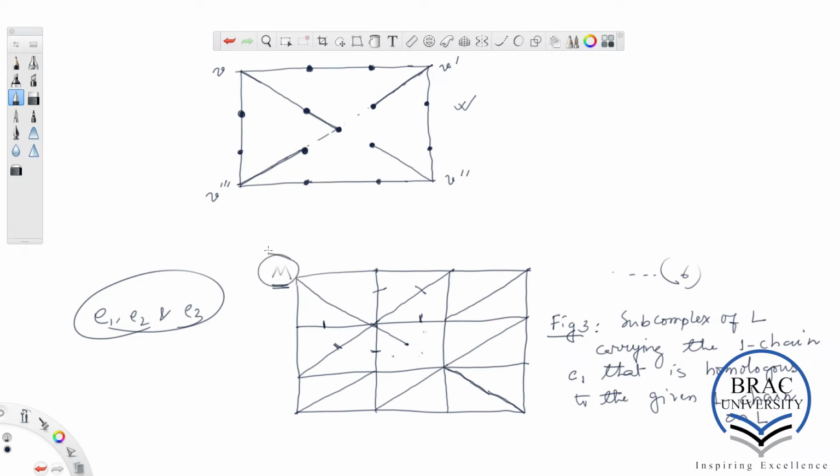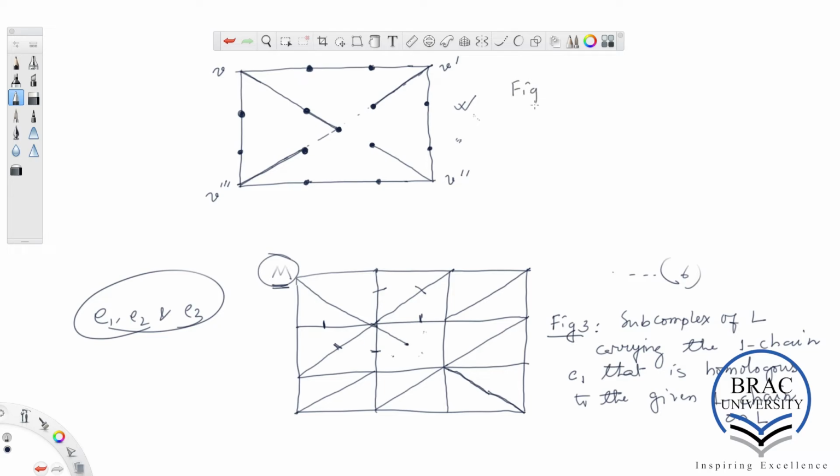Now you have to prove that the one chain C1 that you have here is homologous to a one chain carried by this subcomplex. So in other words, you end up proving that the given one chain C on the complex L is homologous to a one chain carried by this subcomplex, right?